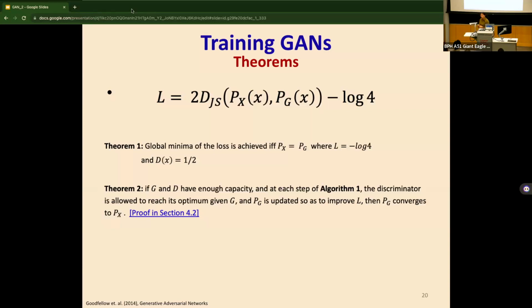What's also nice to know is that if you have a good enough generator and a good enough discriminator, theoretically the distribution of the fake data can become similar to the distribution of your real data. This is good because you have theoretical backing that if you start training GANs, you can converge and potentially get a good solution. So you're not going to be left in the dark.